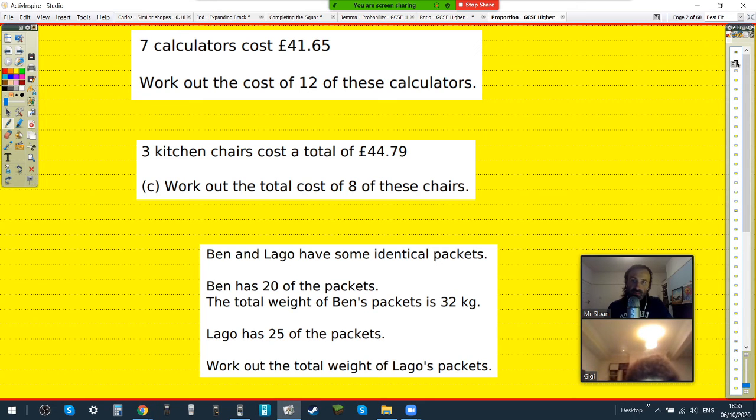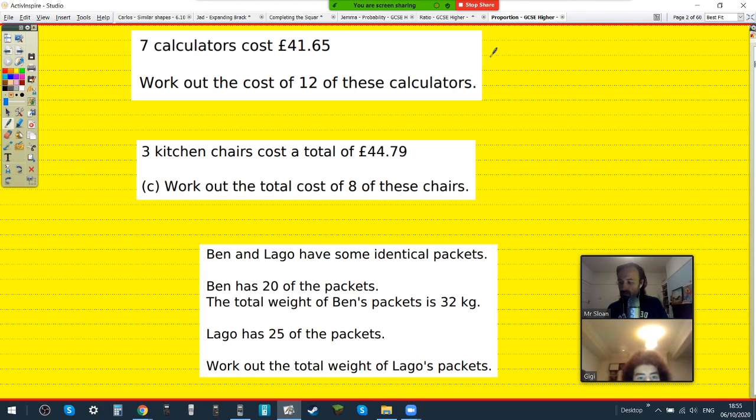All right. Top one. What's it working out? Work out 12. So 7 costs 41.65. 12 would be 7 times 1 and 3/7.